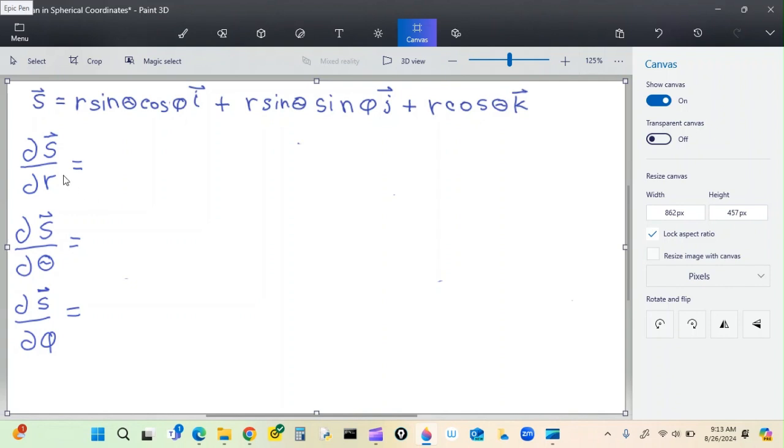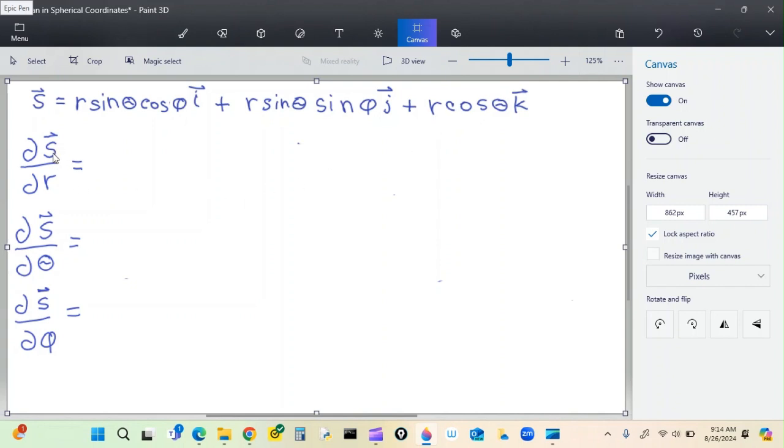To take the derivative of s with respect to r, we take the derivative of this quantity plus the derivative of this quantity plus the derivative of the k vector quantity. So let's see if we can add those together.